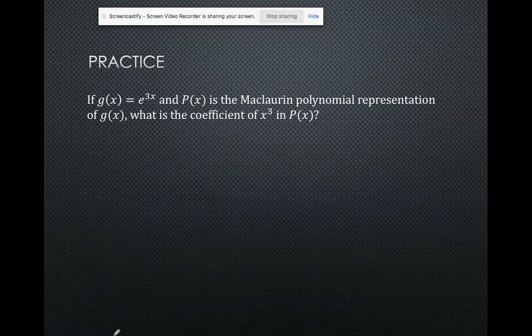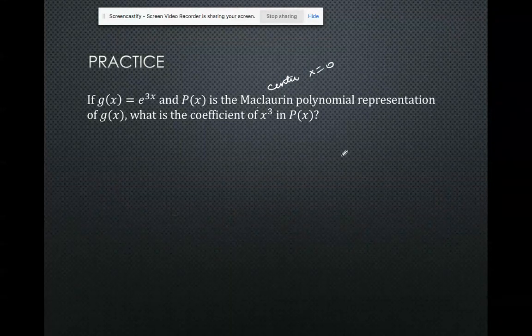So again, here, another practice with a famous Maclaurin series. If g of x is equal to e to the 3x, p of s is the Maclaurin. What is the coefficient of just the, so they didn't ask me for the whole thing, they just asked me for the coefficient.